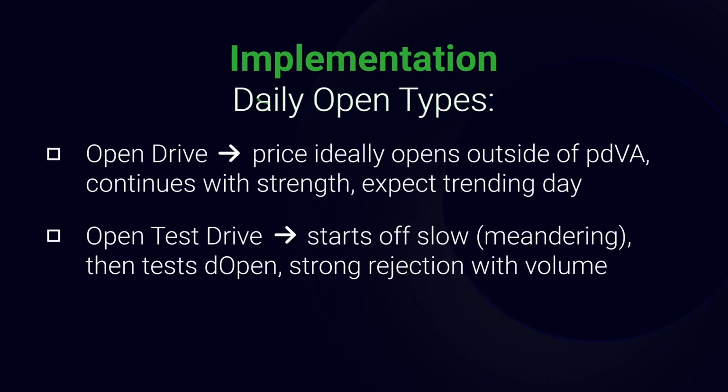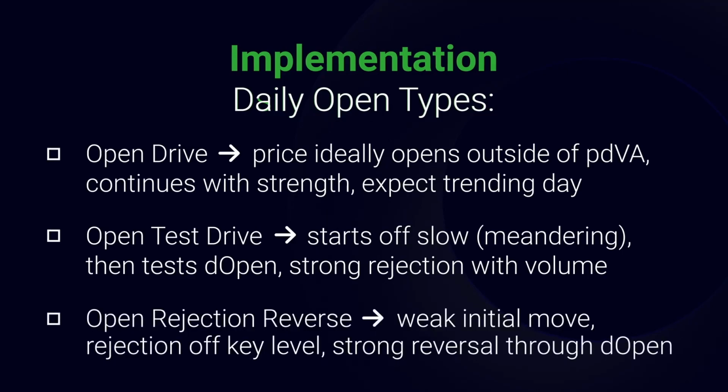The day begins off slow with meandering price action, then backtests or retests the daily open, with then a strong rejection with volume. 3. The open rejection reverse type, with a weak initial directional move, a rejection off of a key level, and then a strong reversal of price through the daily open with high volume and follow-through.